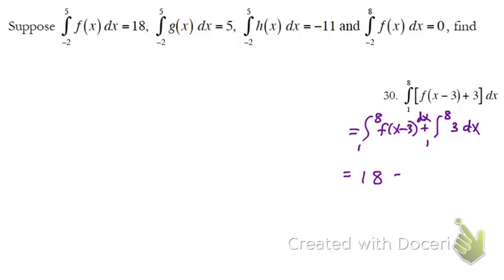Plus, remember that this one is adding a rectangle underneath since it's a vertical shift. It has a height of 3 units, and if you look from 1 to 8, that has a base of 7. So it has a base of 7 units and a height of 3 units. That means it's adding on 21 units, 3 times 7. So if I add these 21 plus 18, I get 39 units of area underneath that curve.